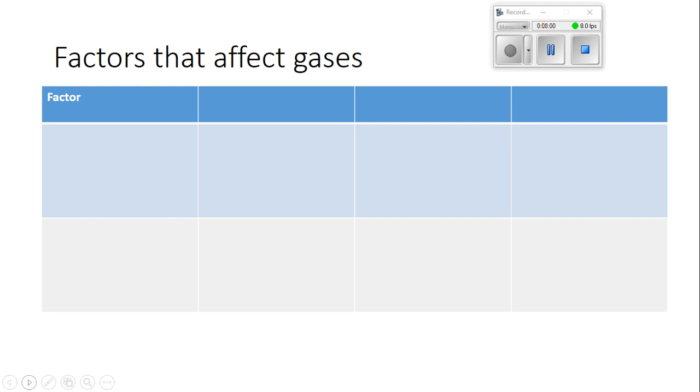All right, factors that affect gases. We already talked about a couple of them. Temperature is definitely one of them. Over here we could ask, what if you increase the temperature and what if you decrease the temperature? I think it's really helpful to think of something like a balloon.